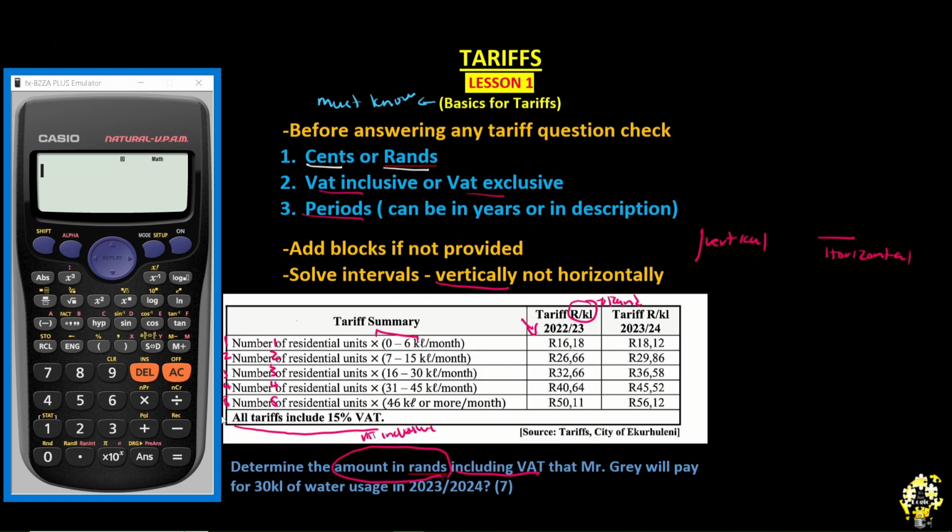You see, number 2, VAT inclusive or VAT exclusive, because now they are saying that the amount that we have to determine has to include VAT, and we already know that our rates already include VAT. That means that at the end we will not be burdened with adding VAT because it's already there. That means the Grays will pay for 30 kiloliters of water usage in 2023 to 2024, period.